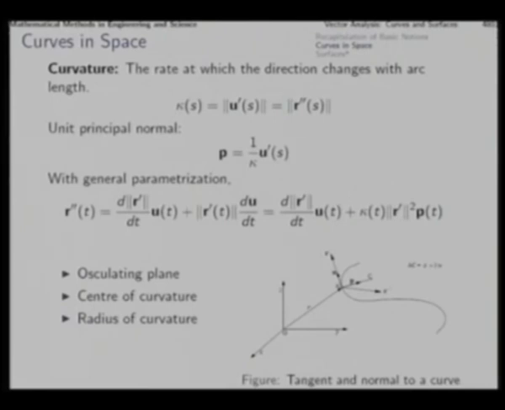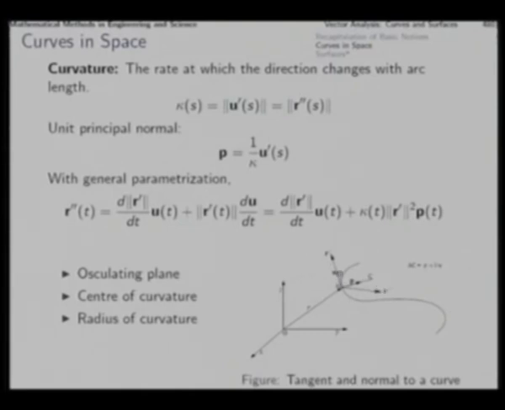Now, this is the situation. If you try to see it schematically, then at point A, this is the position vector r of t, that means at every point r of t changes, and at this point this is r prime of t, and this is the unit vector u of t, of size 1. Then as you calculate the second derivative of r, it is not necessary that it is normal to the curve, it may be in some direction like this.